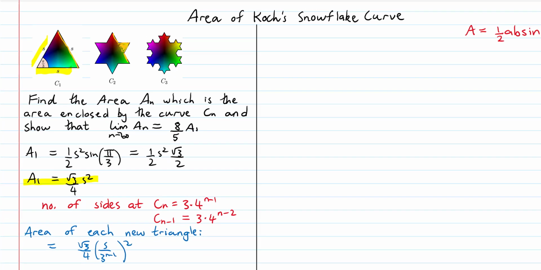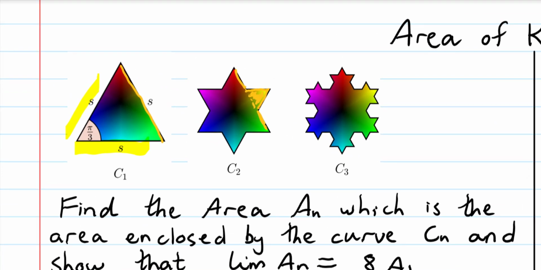To see why that is, if we look at a line segment on C_2, say this one here, the length of that is going to be 1/3 the length of the sides at C_1. So this length here is going to be s/3. So in C_2, all those side lengths are going to be s/3.